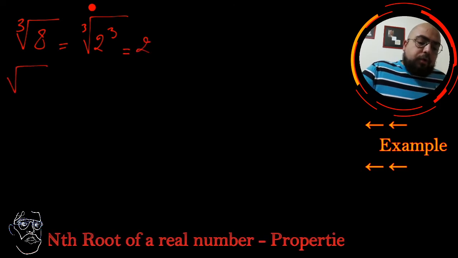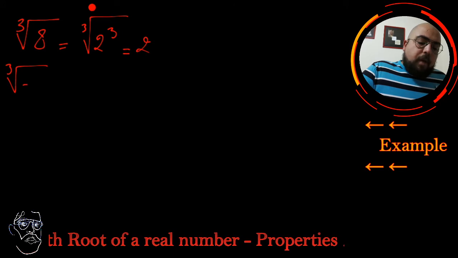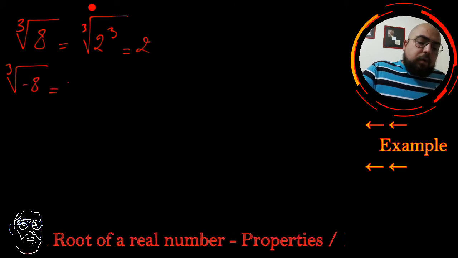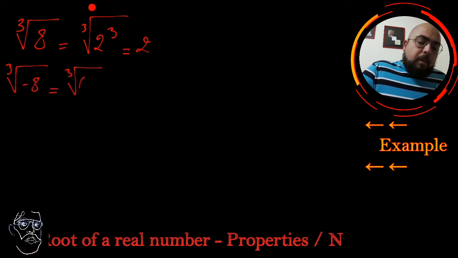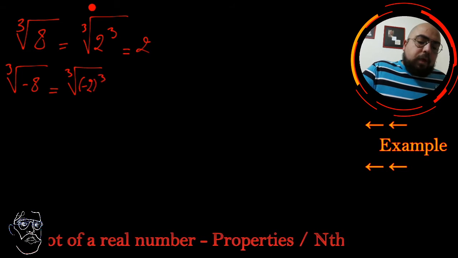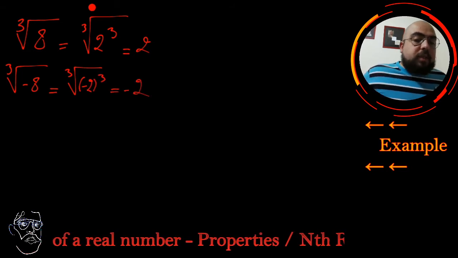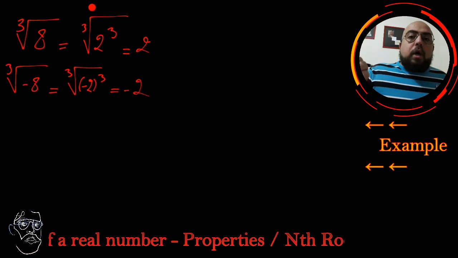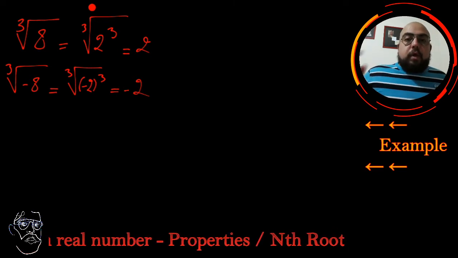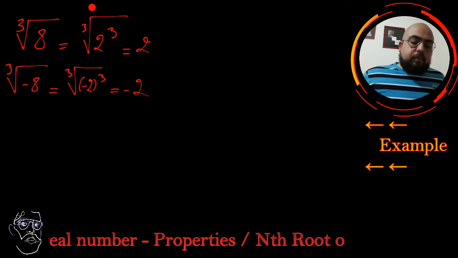The cubic root of minus 8 is equal to the cubic root of minus 2 to the power of 3, which is minus 2. As you can see, you're having one real root, a unique root.